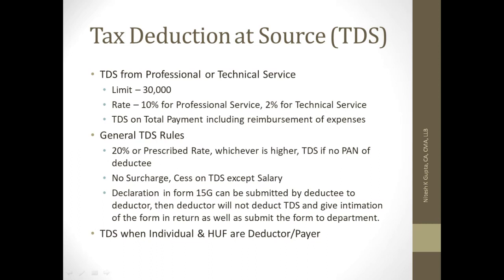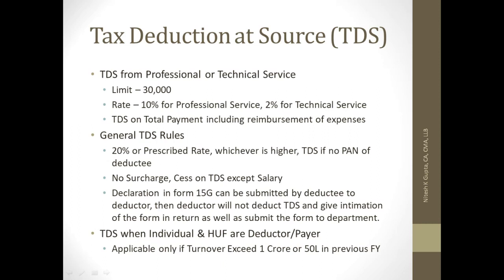So actually TDS does not apply directly on an individual and HUF when they are the payer, when they are the deductor. It will be applicable only if turnover in the last financial year exceeds 1 crore or 50 lakh. So 1 crore is in the case of business, 50 lakh is in the case of profession.